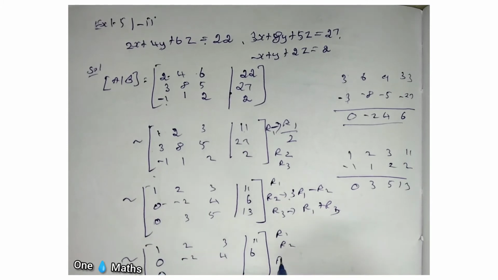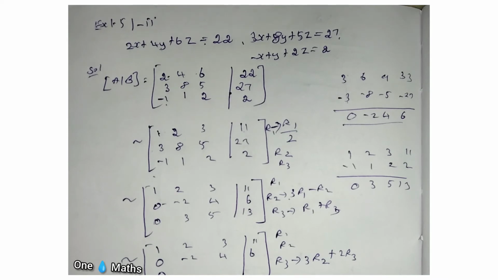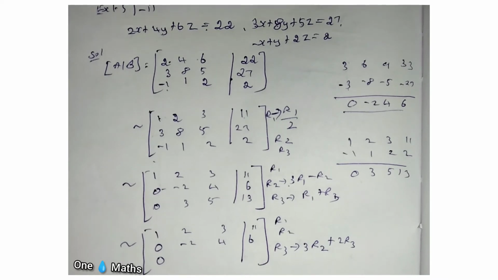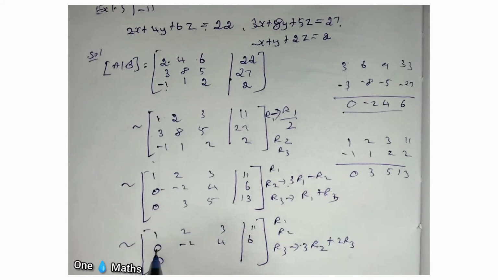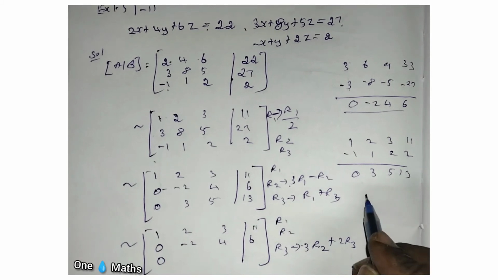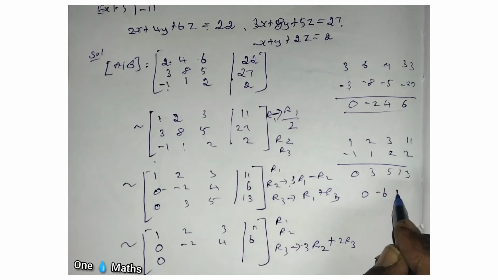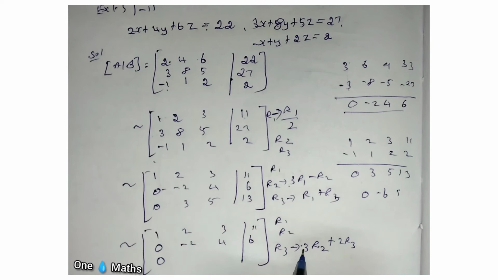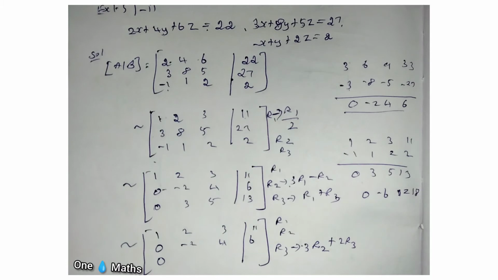Now we are going to bring the changes in R3. We need 0 here, but here is minus 2 and here 3. So 3 multiplied with R2, and 2 multiplied with R3. Take 3 multiplied with R2: 0 into 3 becomes 0, then minus 2 into 3 minus 6, 4 into 3 12, then 3 6s are 18.